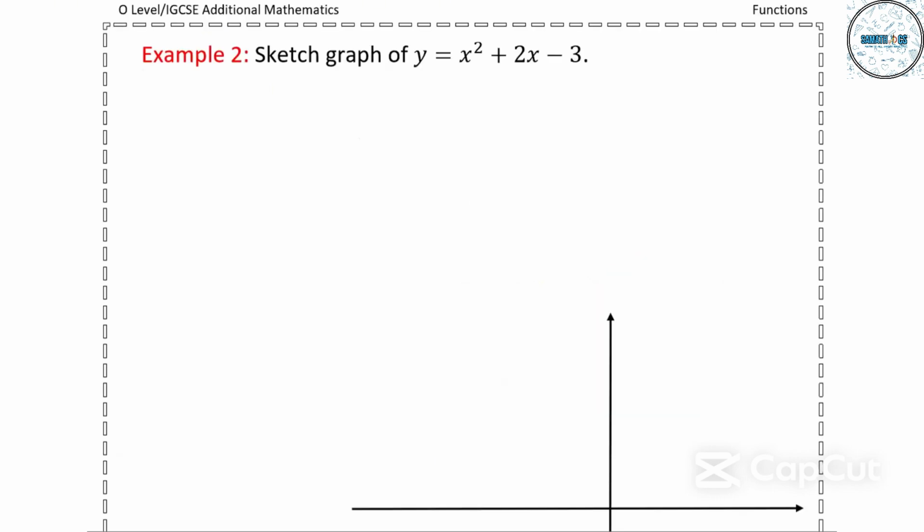Let's do the recap of sketching the graph of quadratic function. We have y is equal to x squared plus 2x minus 3.